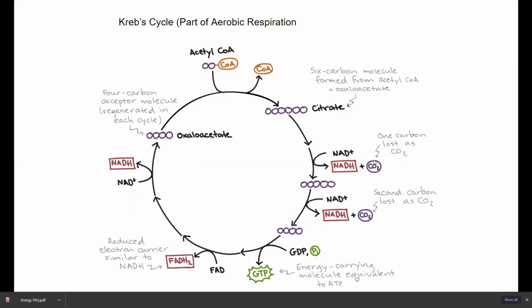This is where the carbon dioxide byproducts of cellular respiration come from in aerobic. You're going to lose a couple of carbons there, and you're left with this 4-carbon molecule. You're going to get a GTP, which gets converted into an ATP. So this is some substrate level phosphorylation that we get just like we had it with the glycolysis.